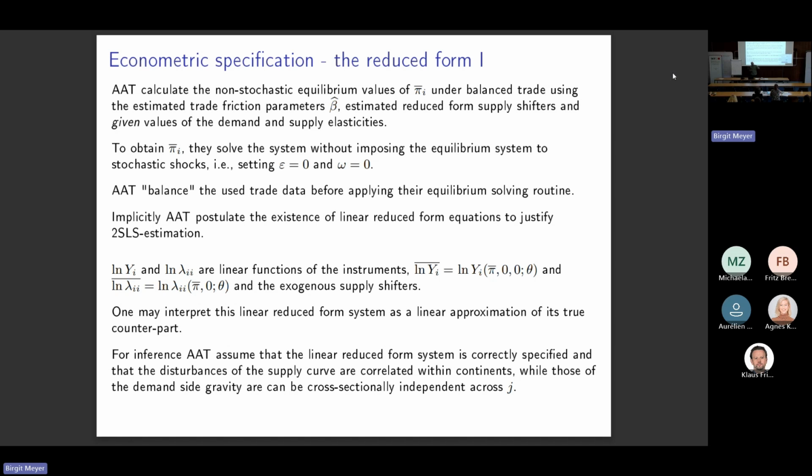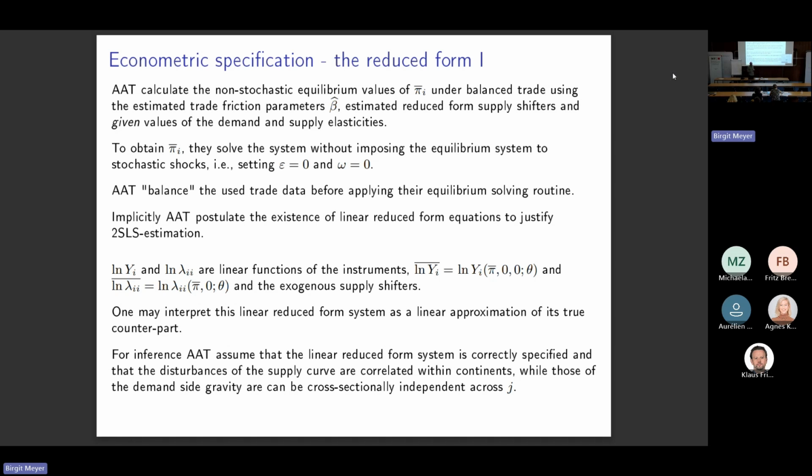In the next step, they say, well, let's do IV estimation. But IV estimation is linear in the first and the second stage. So in that sense they propose there exists something like a linear reduced form that can be used for IV estimation, and they propose to use the LNI bar and the lambda I bar as instruments, derived by solving the system without any disturbances and under the trade balance assumption.